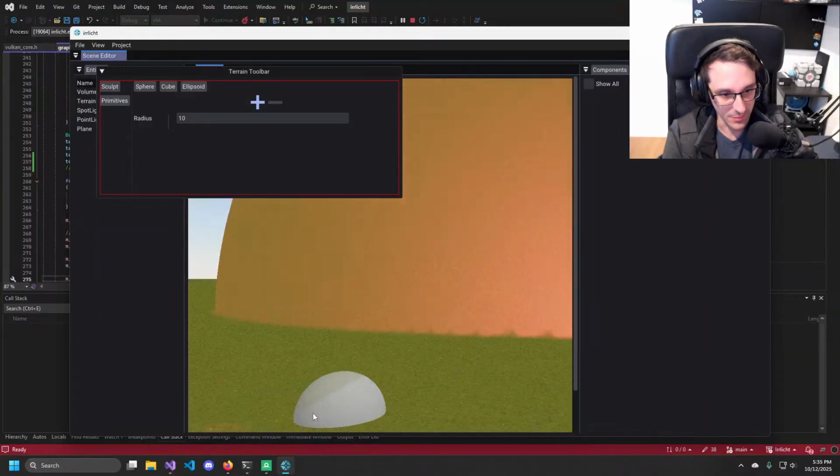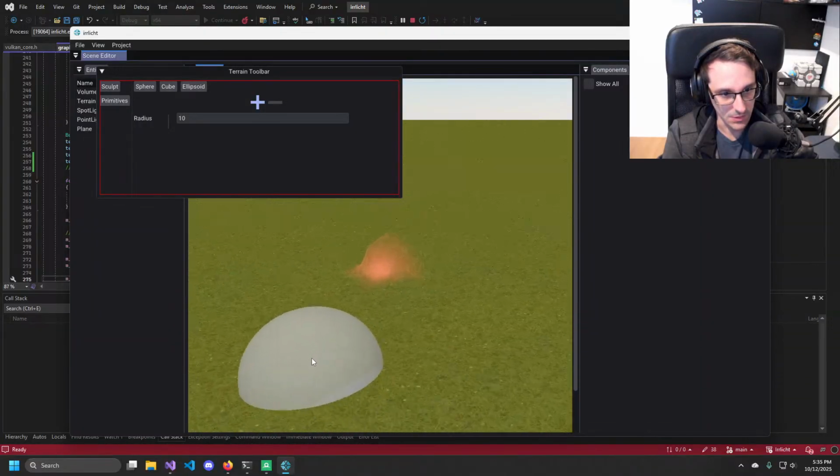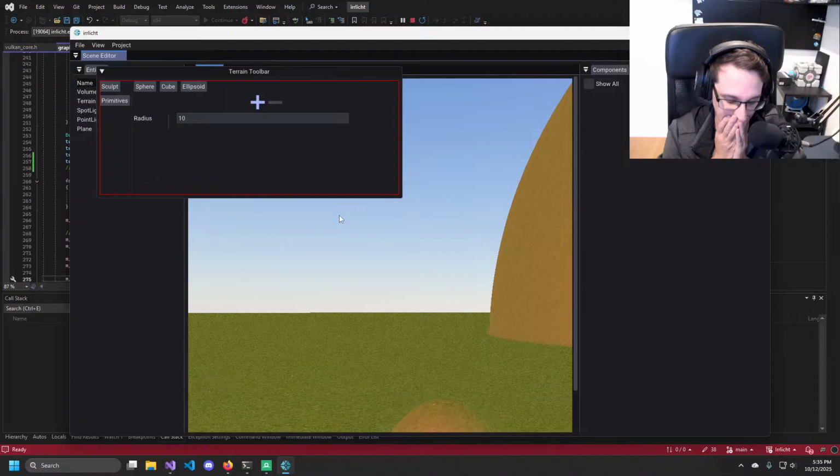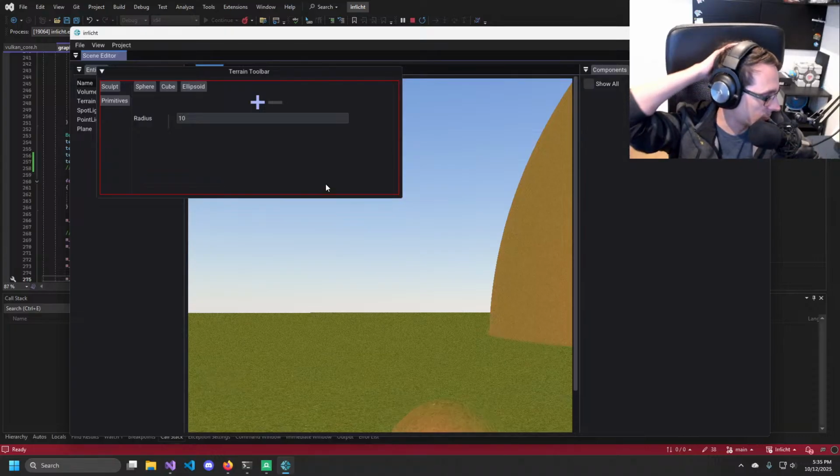Because it might be something related to some synchronization issue that we have somewhere. So yeah, let's try that and then we go from there.